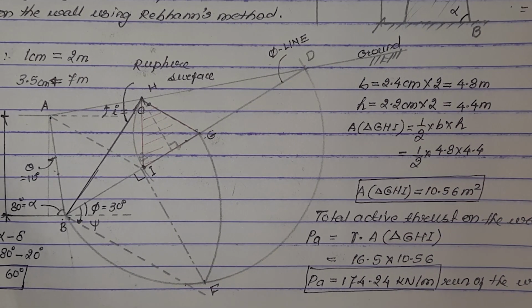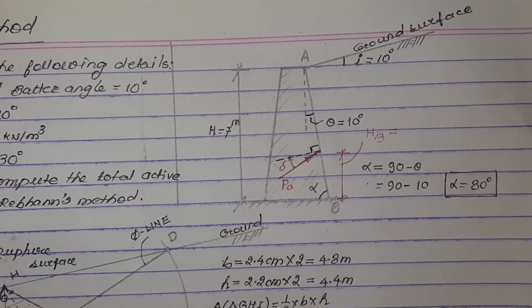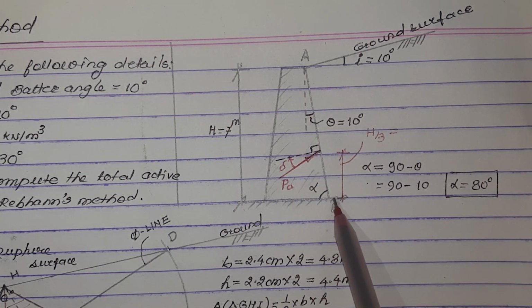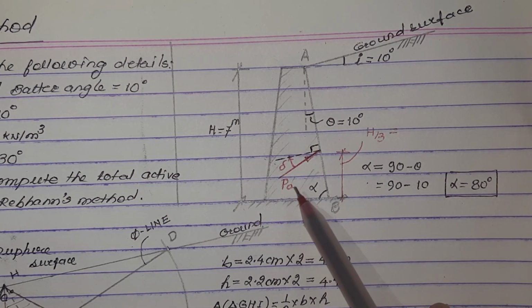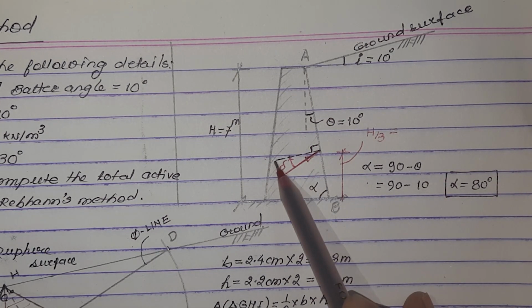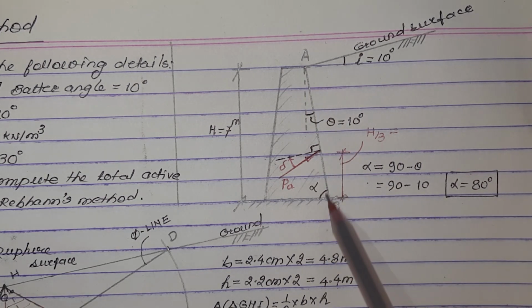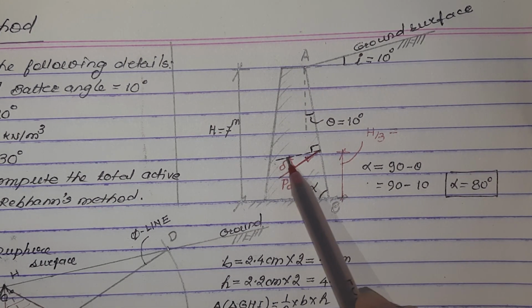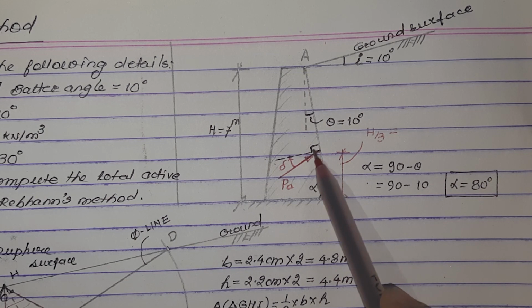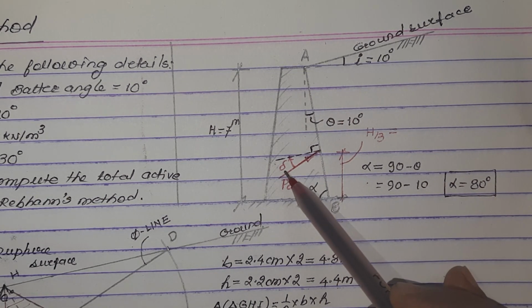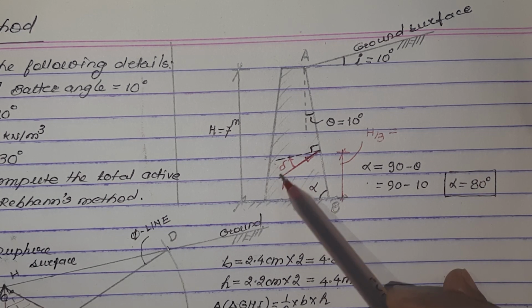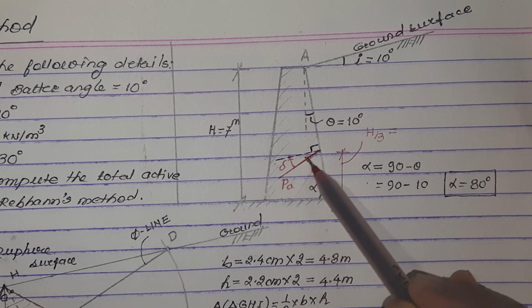What will be the direction of this PA? We will try to understand it from this diagram. Here, this is the retaining phase AB, which is inclined at 10 degree. To get the direction of PA, what we have to do? We have to draw a line normal to this inclined phase. So this is the line which is normal at 90 degree to this retaining phase. PA will be making delta angle, that is angle of wall friction, which is 20 degree with this normal, and it will be shown like this.